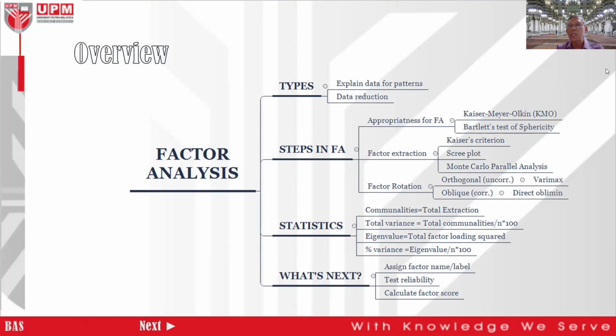The first one is Kaiser-Meyer-Olkin, KMO, where we are testing the adequacy of sample size, whether you have adequate sample size for EFA. The second statistic is Bartlett's test of Sphericity. We want to make sure that we have adequate correlation among items, which will be appropriate for you to proceed with EFA.